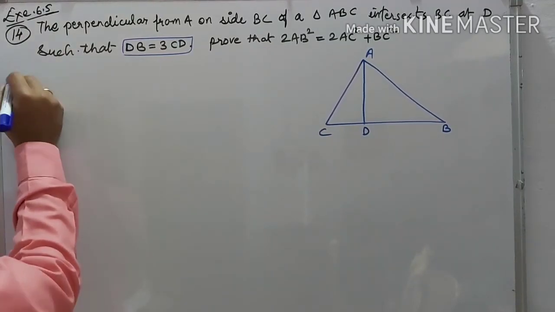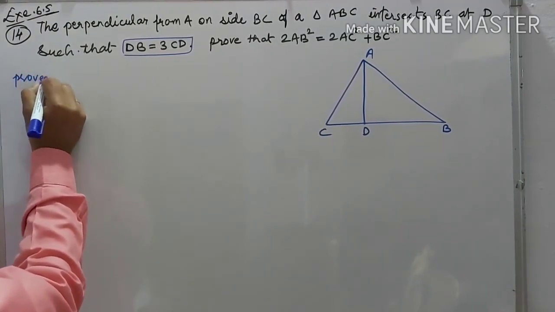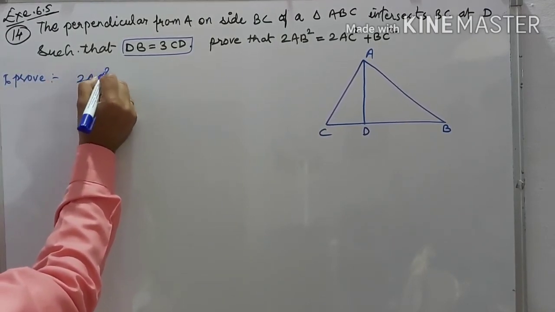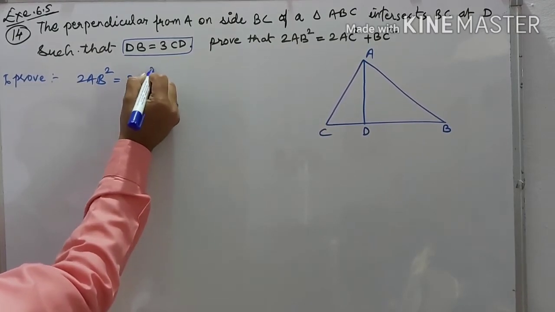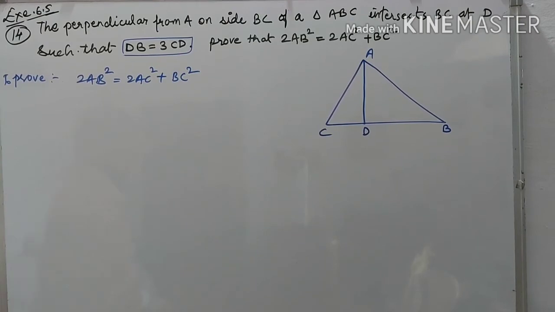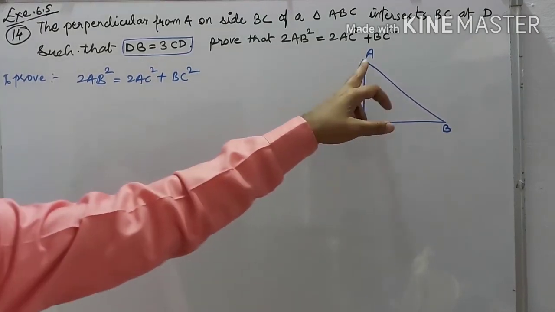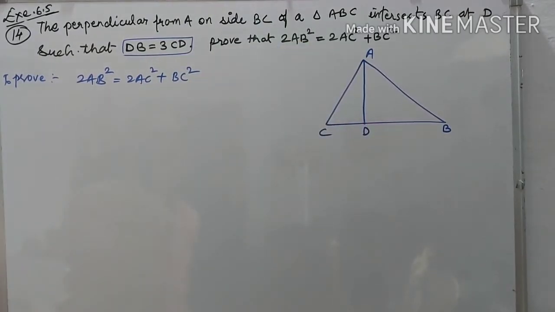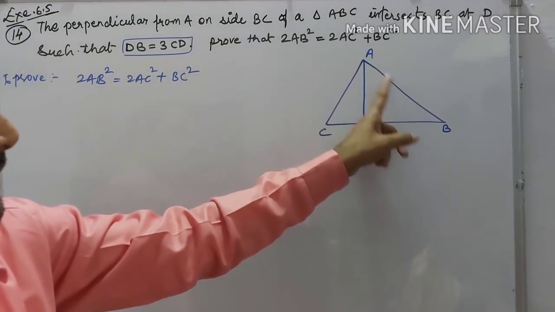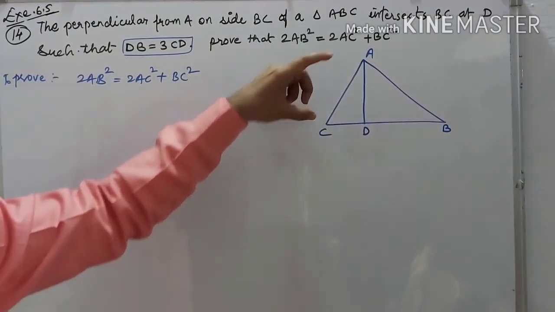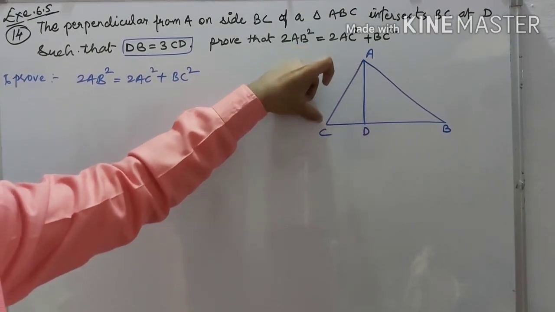Prove that 2AB square is equal to 2AC square plus BC square. Where is AB? AB and AC are the hypotenuses: AB is the hypotenuse of triangle ADB, and AC is the hypotenuse of triangle ACD.